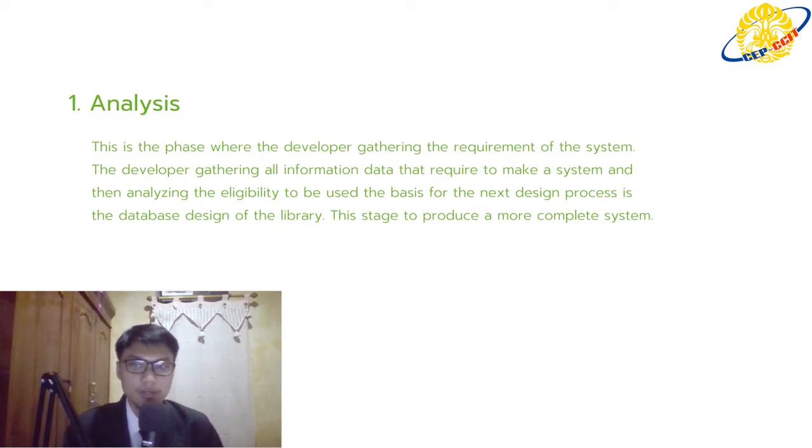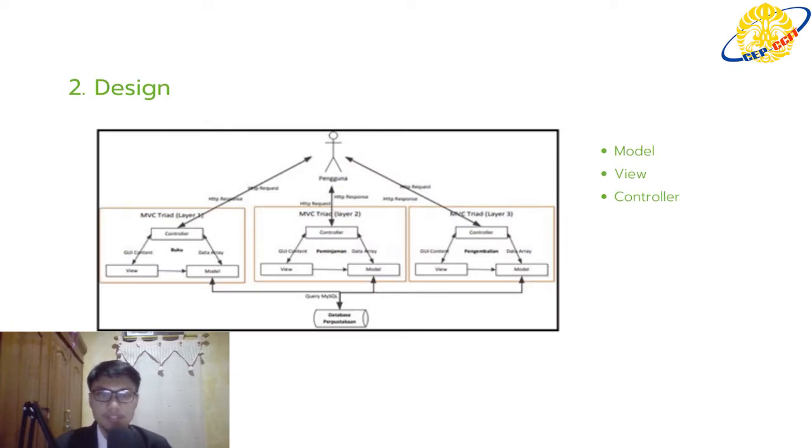This is the phase where the developer gathers the requirements of the system. The developer gathers all the information and data required to make a system, and then analyzes its eligibility to be used. The basis for the next design process is the database design of the library. And next is the design structure. After analyzing the requirements of the system, the developer will make a clear scheme of what needs to be done.